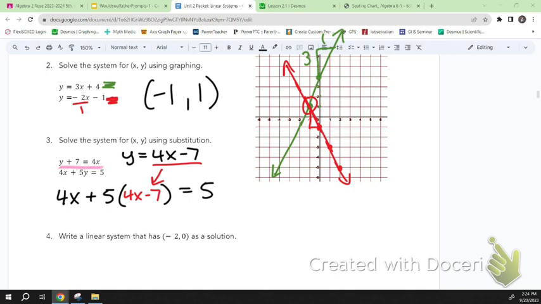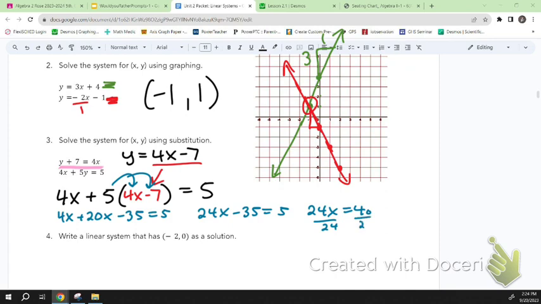I want you to solve for x right now with your team. You can solve that. Don't forget to distribute to both terms. And you will get a decimal. That's okay.